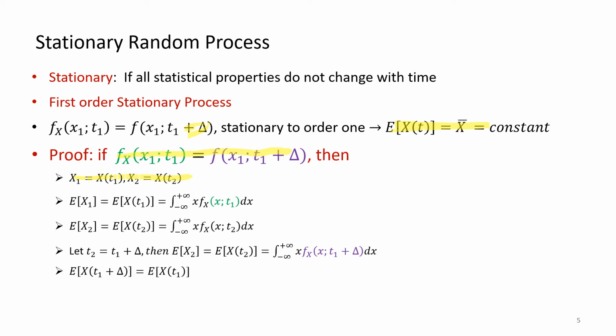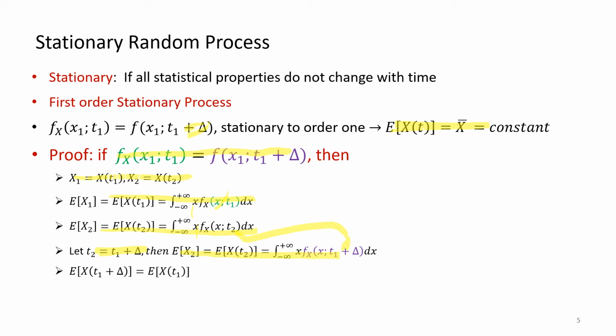If you take the expectation of these two random variables, we have two different instances of time. We can define t2, the second time, to be t1 plus delta, because any time can be related to the other one with a shift of delta. So now we can write the expected value of x of t2. I'm just replacing the time variable here. It becomes t1 plus delta.